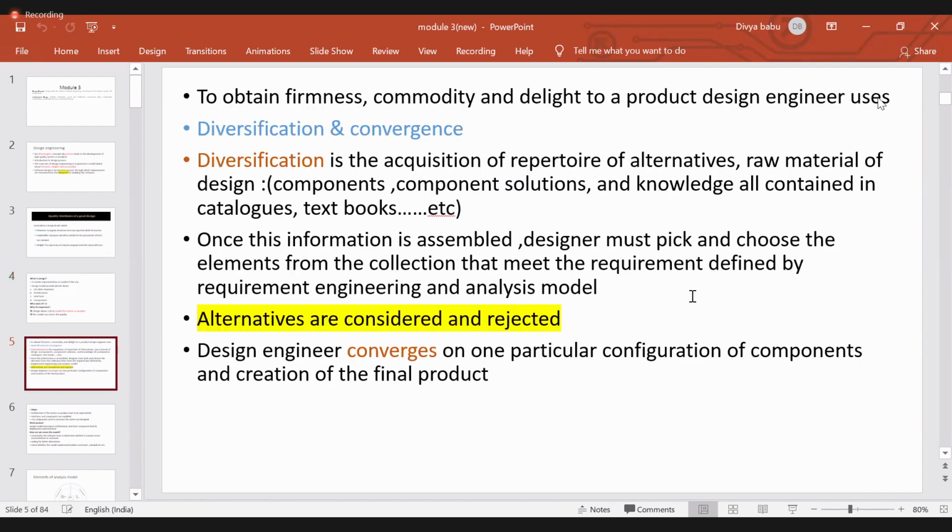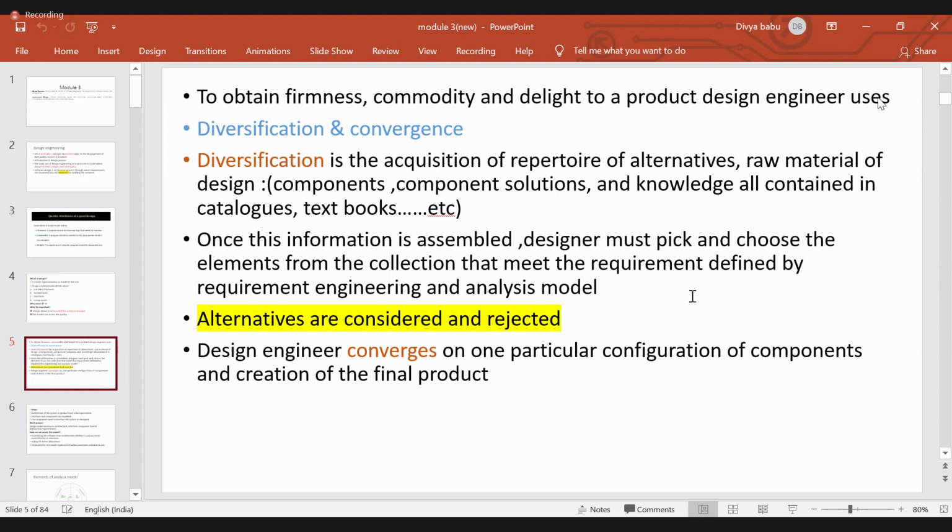So we already discussed three terms: firmness, commodity, and delight. So to obtain these three things, it is suggested to use diversification and convergence. What is diversification? Means we can gather the information from different repositories or raw materials. But we are converging all that information into a single thing.